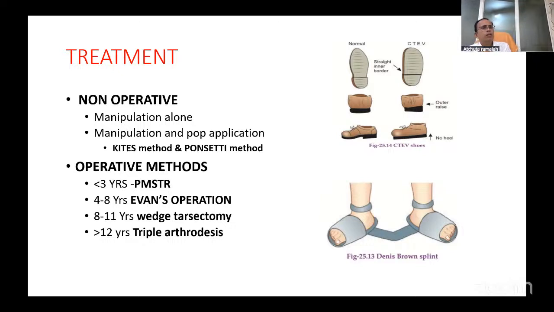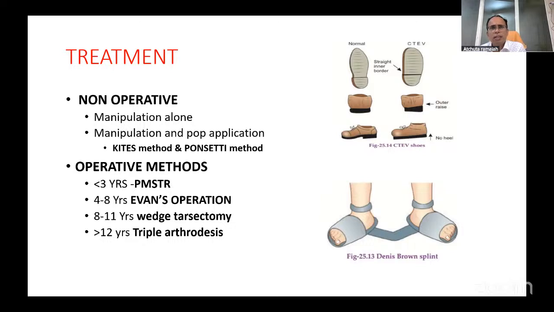So this is done six times a day by the mother, whenever she is feeding the baby. This manipulation is advised, and serial plaster casting is advised to prevent the deformity from reappearing. Once the deformity is corrected with the mother's manipulation, okay.